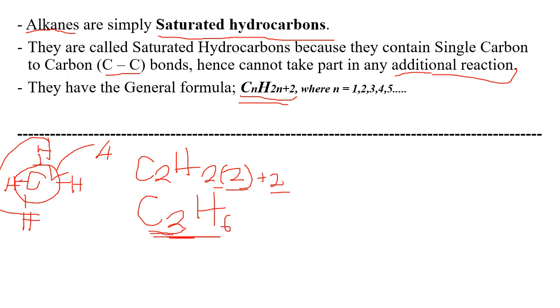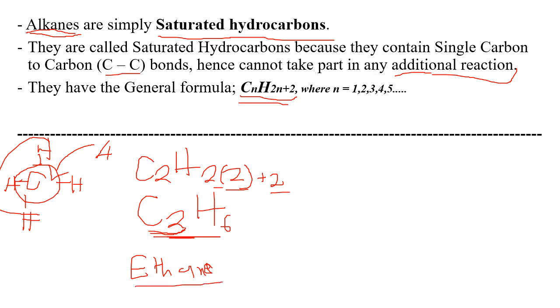Here the number of carbons is 2, so our prefix will be eth. Then our suffix will come from the homologous family, which is alkanes, and it will end with ane. So our compound here is ethane. That's what we've derived here.